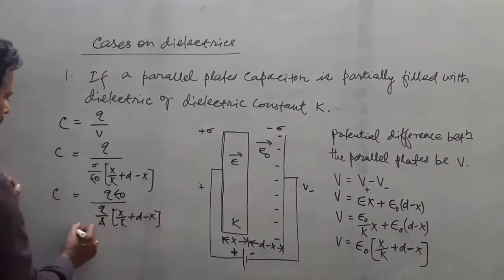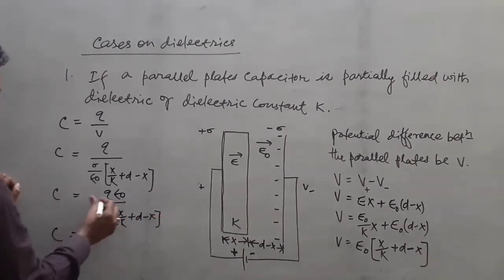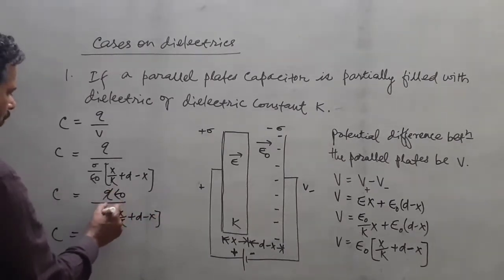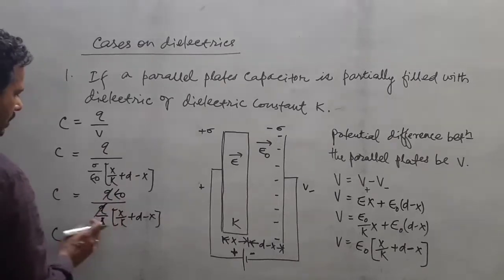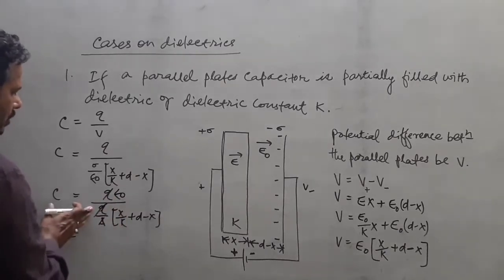So what happens from here? You see that Q will be cancelled, and A is again in the denominator of the denominator.